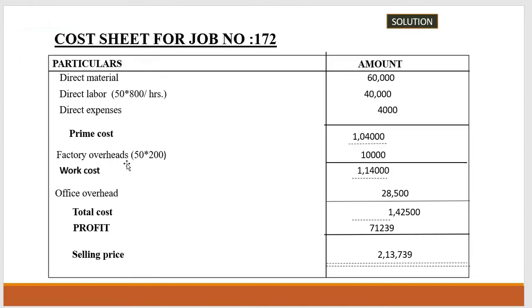So factory overhead is 10,000. Prime cost plus factory overhead is work cost. That is 1,04,000 plus 10,000 is equal to 1,14,000. So work cost is 1,14,000.